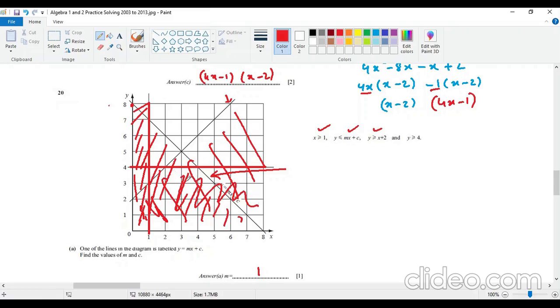Now where is the place where all the three lines are meeting? So this part they are talking about.